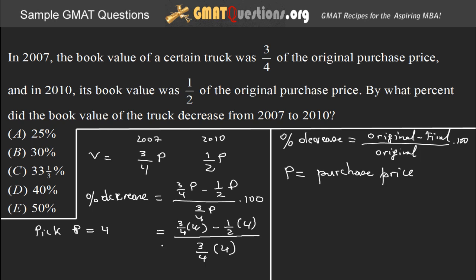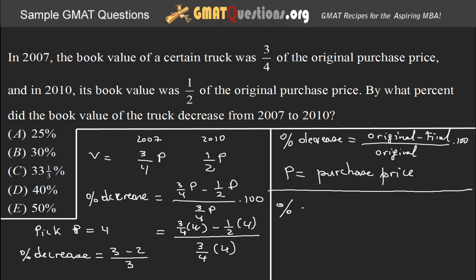Okay, so clearly, what is 3/4 of 4? 4 divided by 4 is 1, times 3 is 3 here. This is a 2 over 3. Let's continue here on the right side. So the percentage decrease, again, let me write it down so it's clear, is going to be equal to 3 minus 2 over 3, which is equal to 1/3.